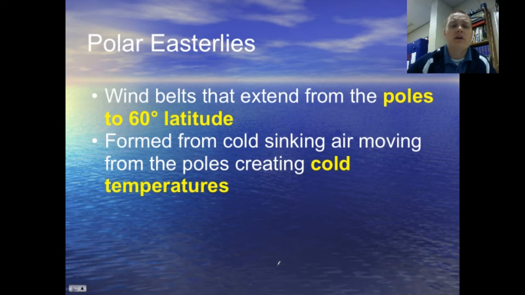Let's talk more specifically about the first, polar easterlies. What happens is polar easterlies are from the 60-degree latitude, like I mentioned, all the way up to the poles. And how they're formed is that you get cold air which is sinking, and as this cold air sinks, it creates cool temperatures.